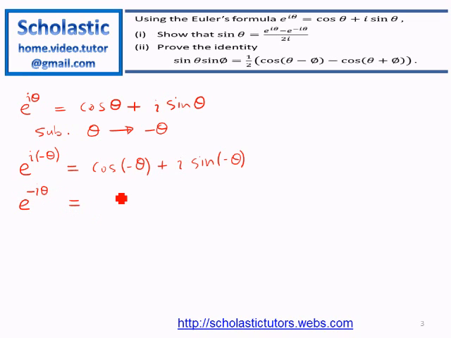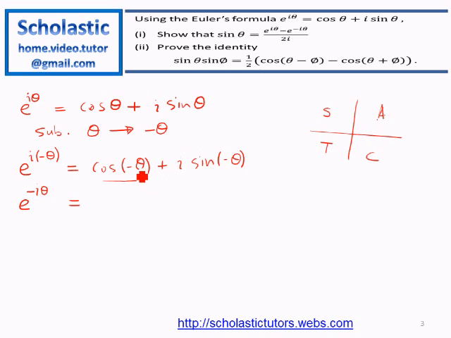And now we have cos negative theta. If you look at the four quadrants, in the first all the trigonometric functions are positive: sine positive, tan positive, cos positive.